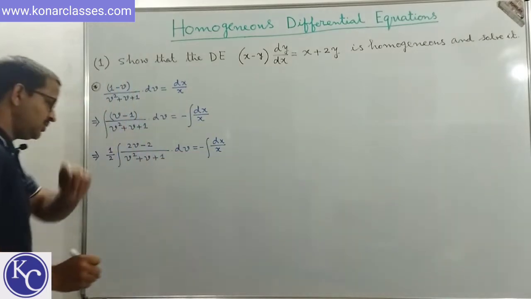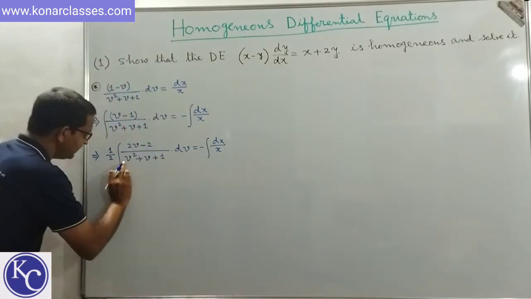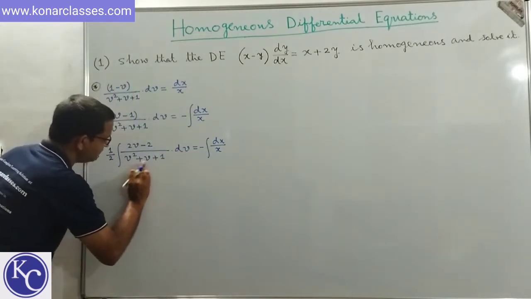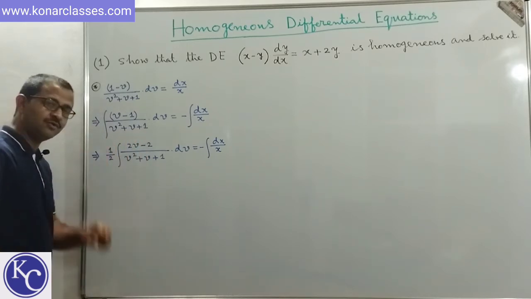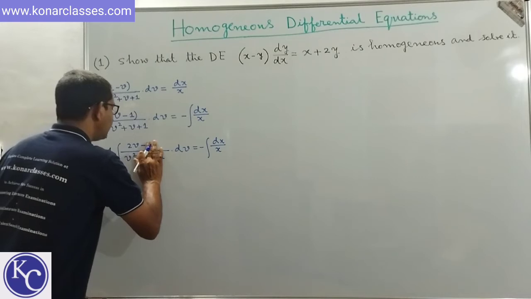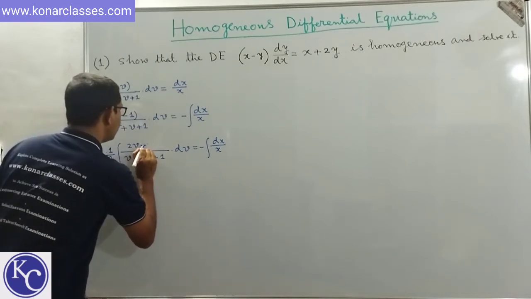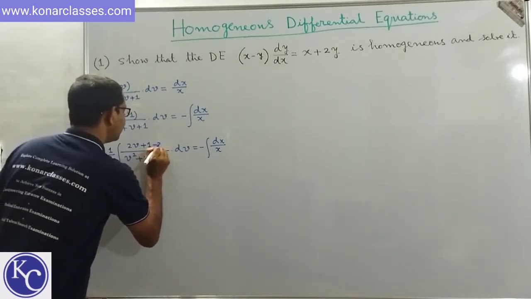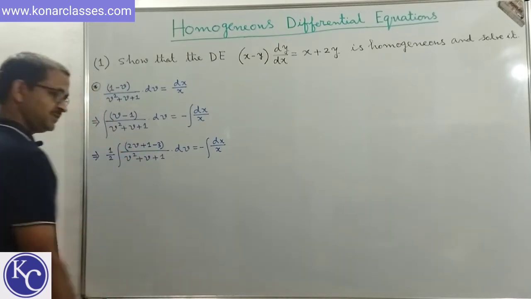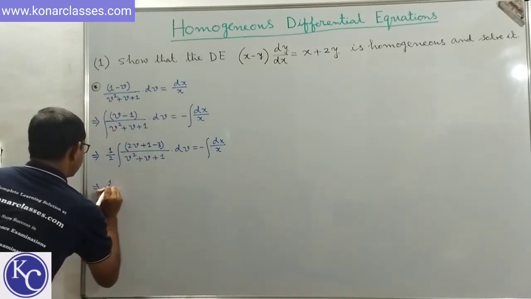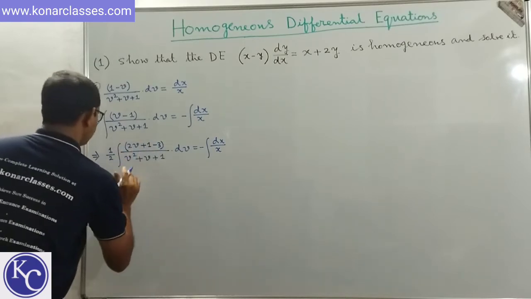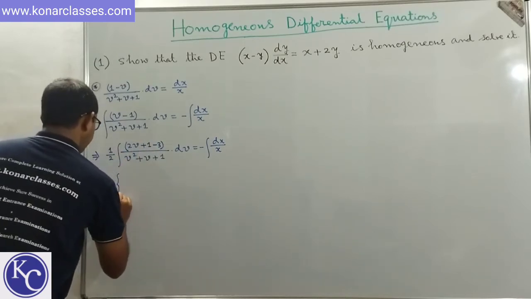Right hand side integration we will do at the end. Now the differentiation of the denominator is 2v + 1, so we need to first make 2v + 1. But what is there in the numerator? 2v - 2. So first we make 2v + 1 and then minus 3. Correct? So from here what we get, dear students? 1/2, and we will break it into two different integrations.